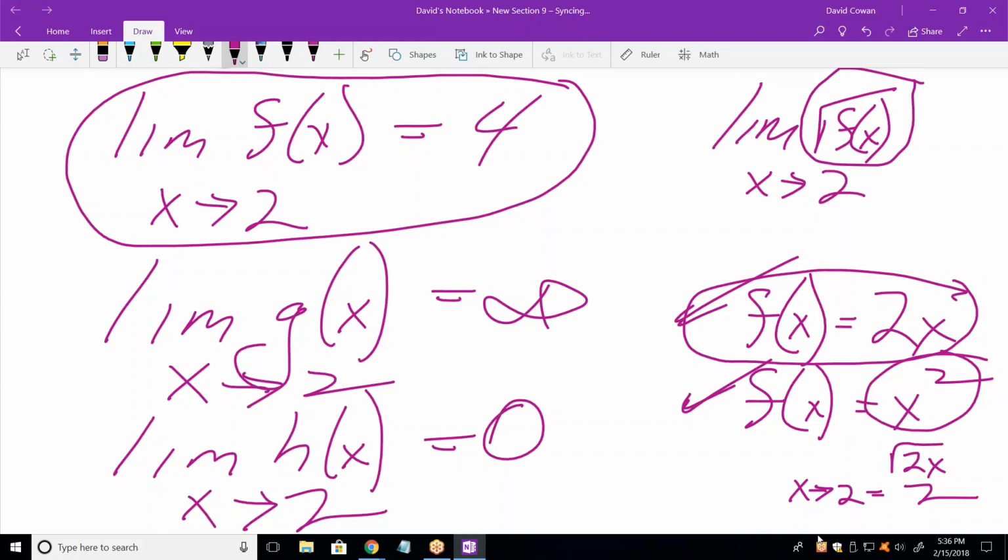If we take the square root of that, it's actually plus or minus x. And as x goes to 2, it goes to plus or minus 2. So I would be inclined to say the answer is plus or minus 2. Do you have answers on these?